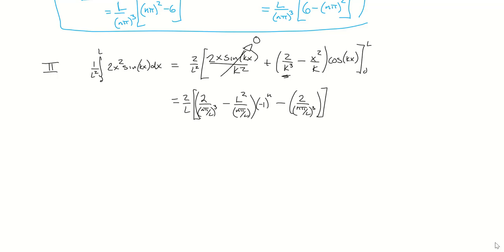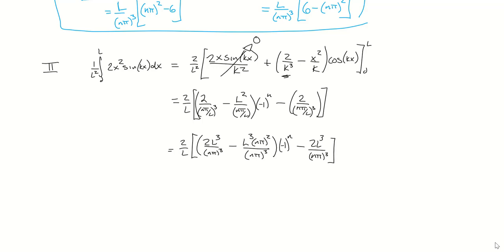All right, so simplifying this a bit, this is 2 over L times 2L cubed over n pi cubed minus L cubed. I'm going to give them the common denominator, so multiply by n pi squared to make this n pi cubed on the bottom. This is going to be (-1)^n still, minus 2L cubed over n pi cubed.